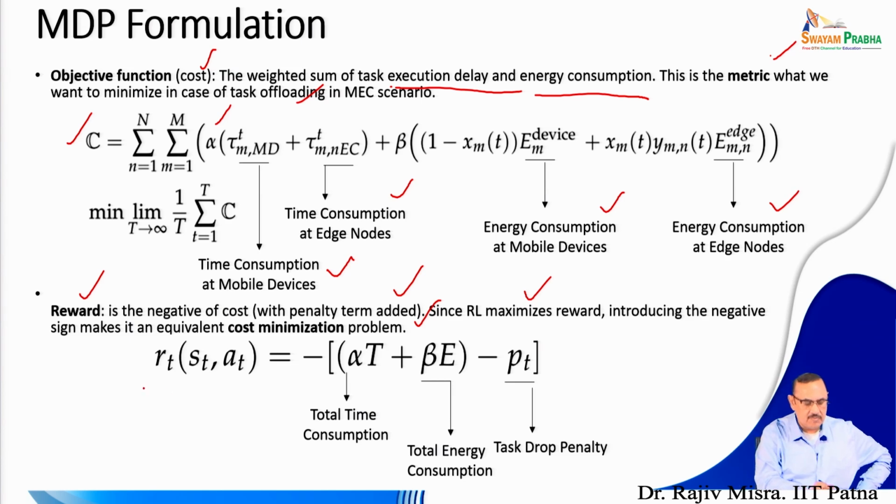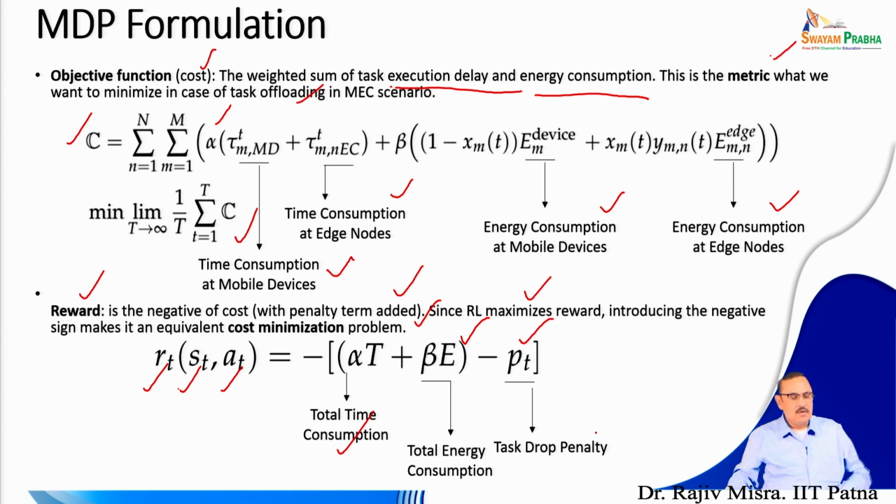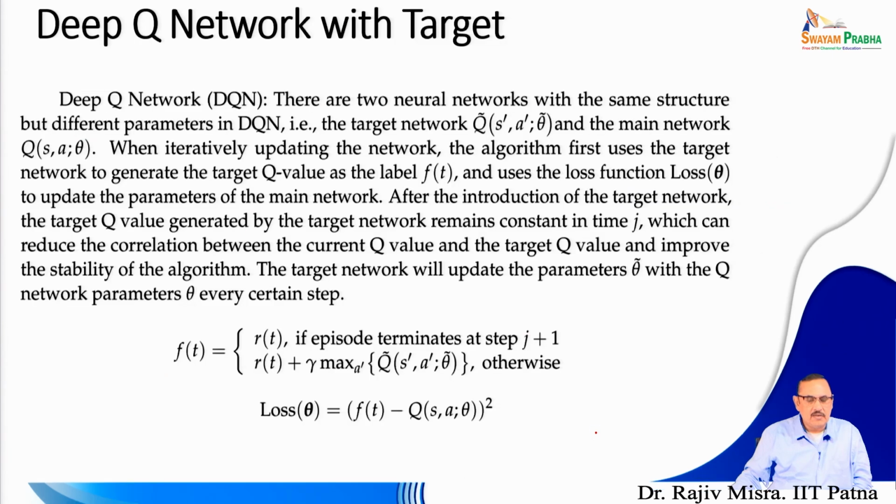Here you can see that the reward function RT will have the input of state and action, will have this particular total time consumption, that is T, which is expressed in this particular equation, and the energy, that is E, and this is PT, that is the total energy consumption, and the task drop penalty. So, this becomes the reward function in the MDP formulation.